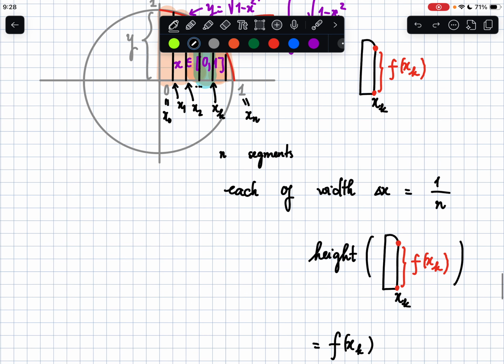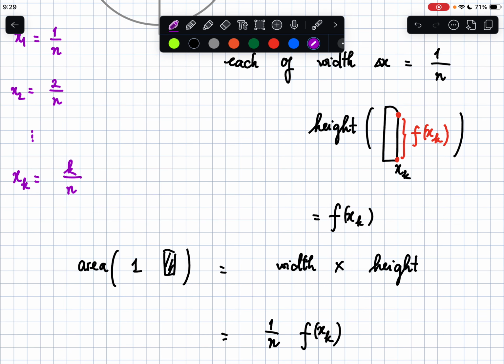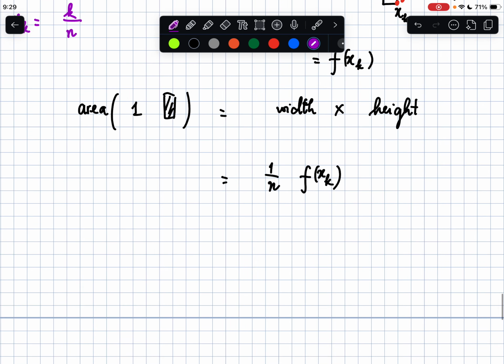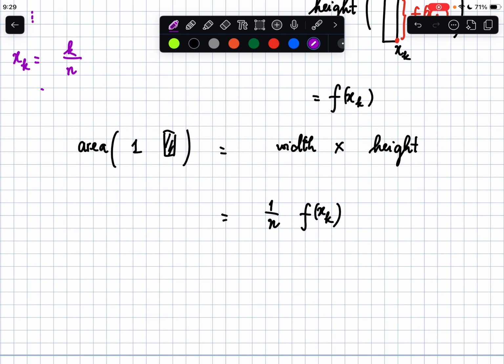So you see that x1 is actually 1 over n. x2 is 2 over n, 1 over n plus 1 over n. x3 is plus another 1 over n, and so on. xk is k over n. So in general, it is delta x times k, delta x equal to 1 over n times k. So xk is k over n.